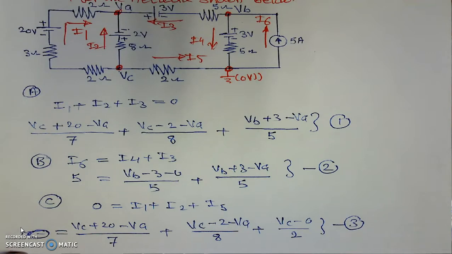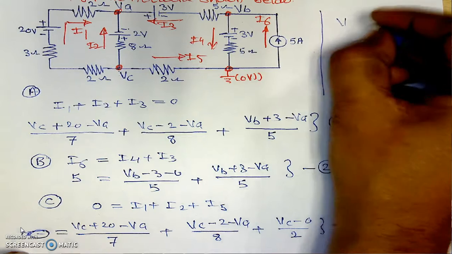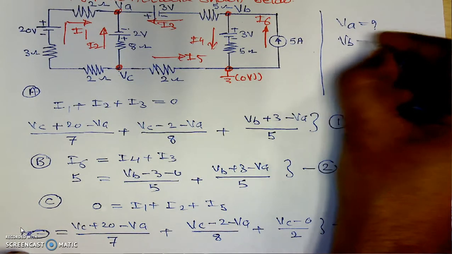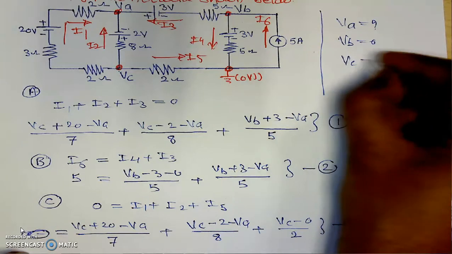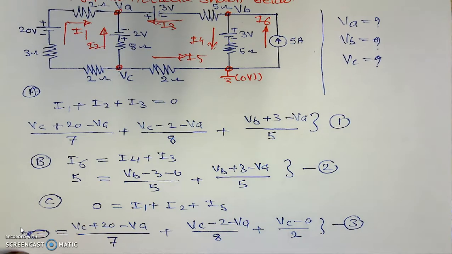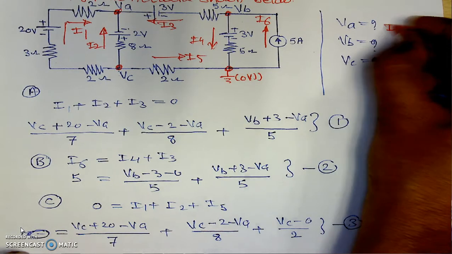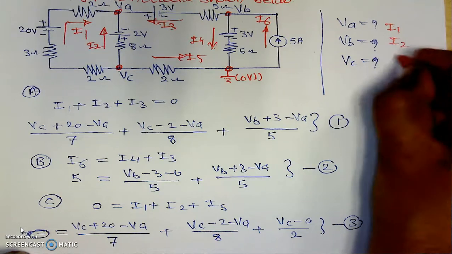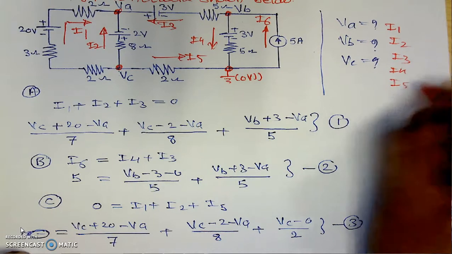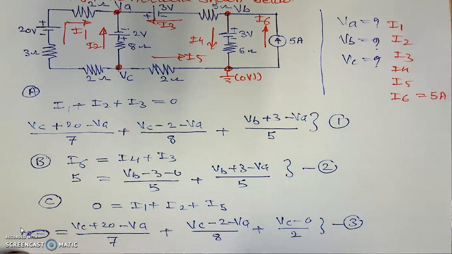are able to calculate the values of the potentials VA, VB, and VC. And by knowing these potentials, we can find all the currents: current I1, I2, I3, I4, I5, as well as current I6, which is already known, which is 5 amperes.